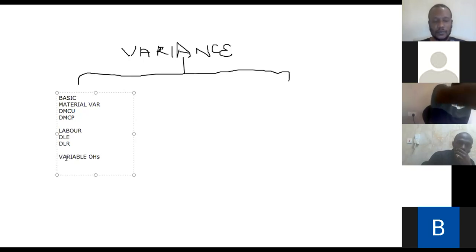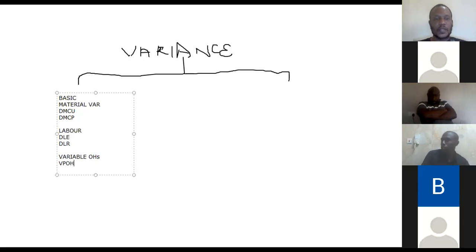Under that we have variable efficiency and variable production overhead expenditure.